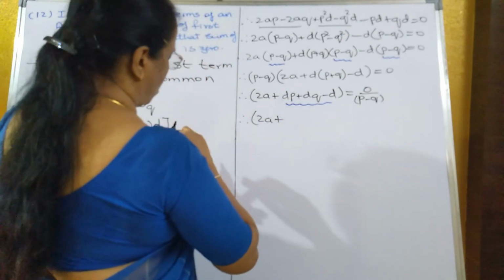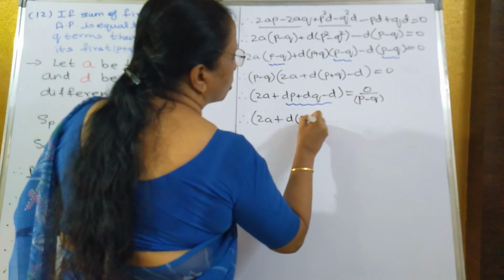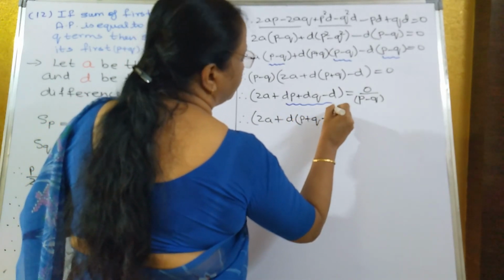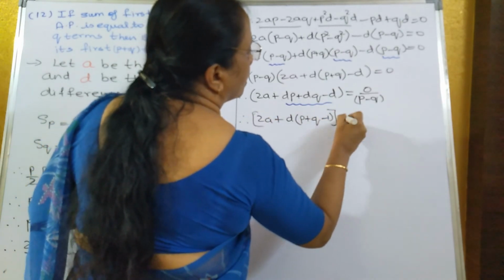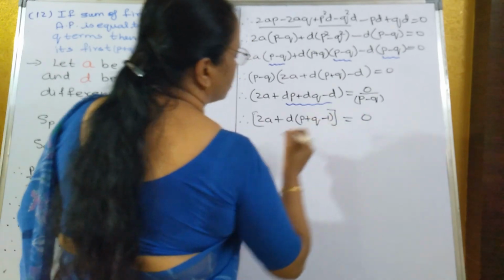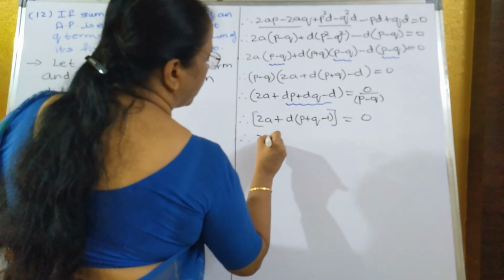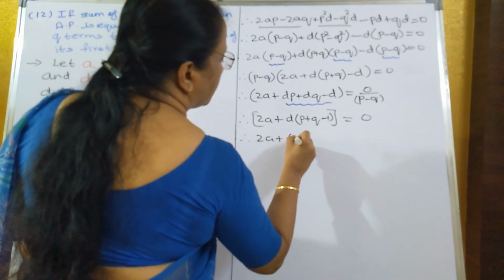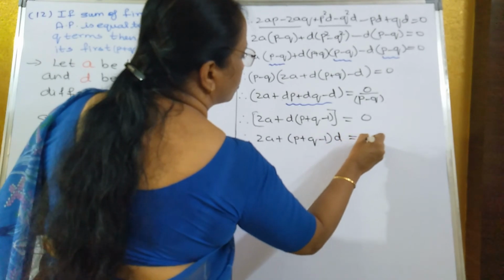D is common. So we will write D into P plus Q minus 1 is equal to 0 upon anything, which is 0. Keep this D on this side. Therefore 2A plus P plus Q minus 1 into D should be equal to 0.